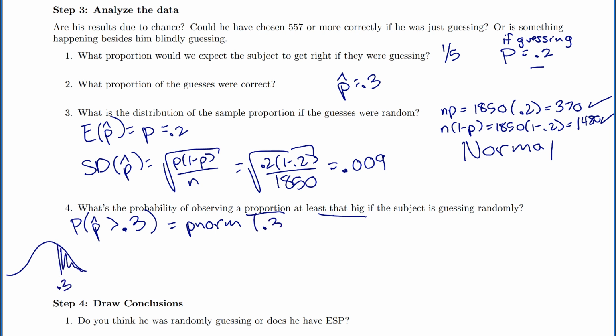So we'll do pnorm. We're interested in 0.3. Our expected value is 0.2 if he's guessing. The standard deviation is 0.009. Because I want the right tail, I'm going to do lower.tail equals FALSE.